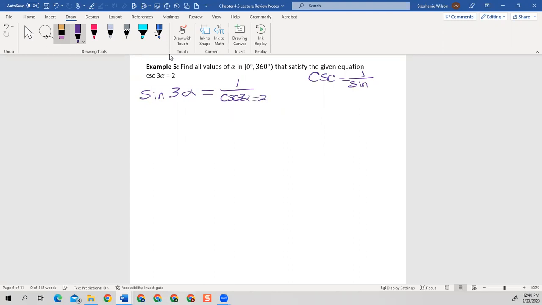Well, if cosecant 3 alpha is equal to 2, then that means I have sine of 3 alpha is equal to 1 over 2.